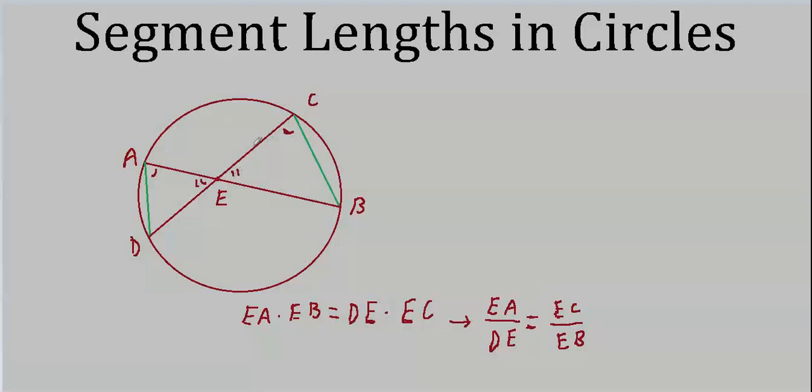Now we're not going to show that these triangles are congruent, of course, but now that we have two angles, this is our angle, which tells us that these two triangles are at least similar.